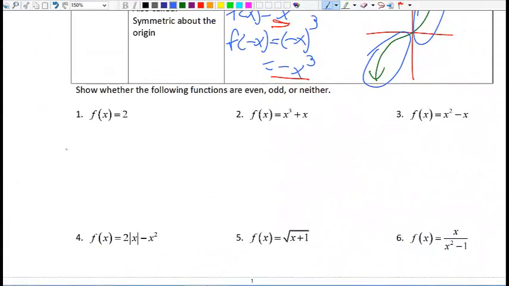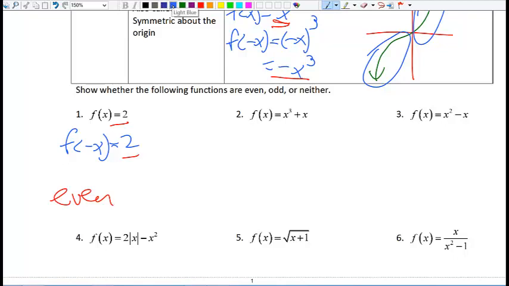Okay, in this first example, we have f of negative x equals, well, there's nowhere to evaluate the negative, so it still stays 2. If I compare that to the original, it stayed the exact same, which tells me that is an even function, that the left half and the right half must match each other.